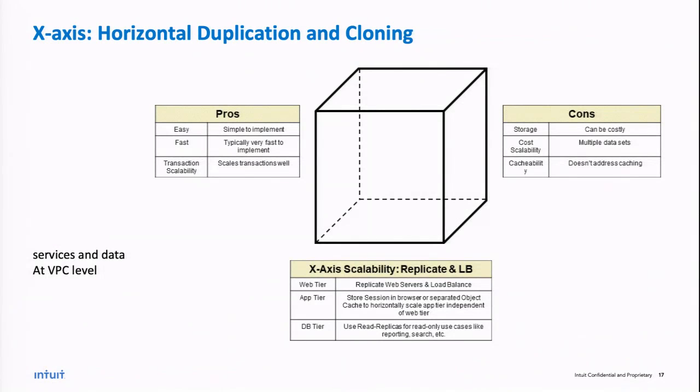And then it doesn't address caching. It's a very important point. Caching is basically for performance, right? So you do not make a DB call every time, and you have a cache layer where you read the data from the cache, because the data in the cache and the DB is the same. So these things are not taken care of when you duplicate the whole system.